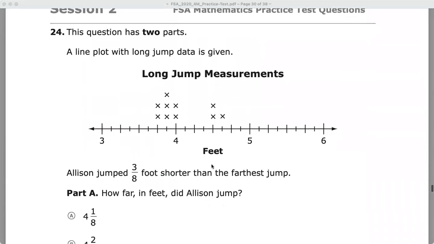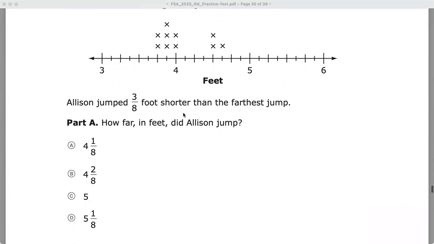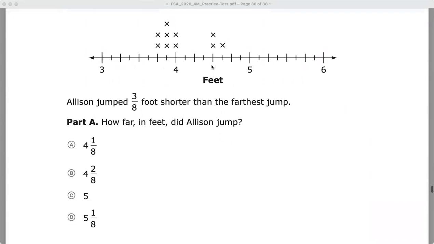Okay, two parts for this question. We have long jump measurements, and it looks like a ruler almost. And something I want to point out about this is these are evenly spaced. And let's count them up.